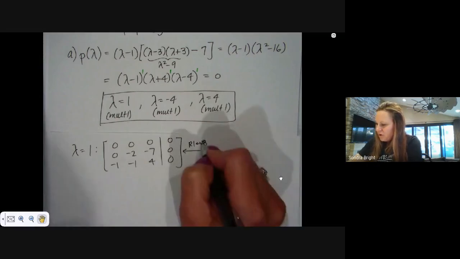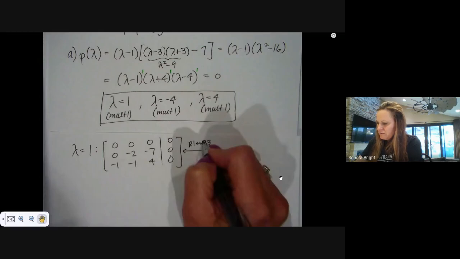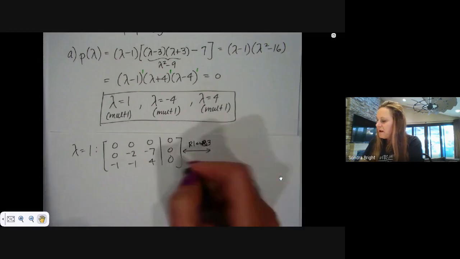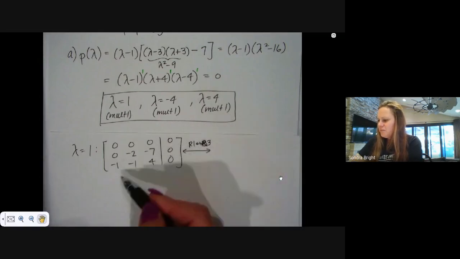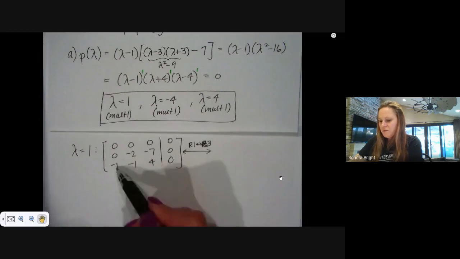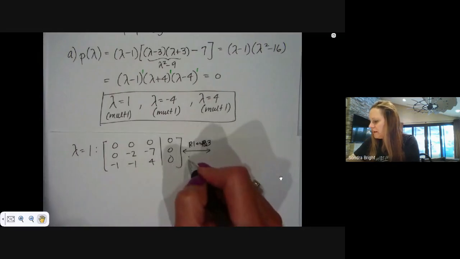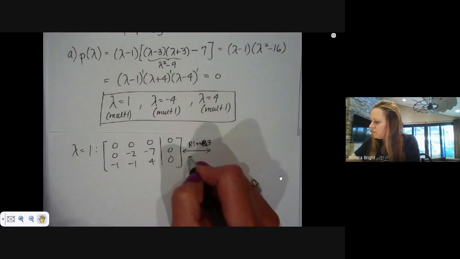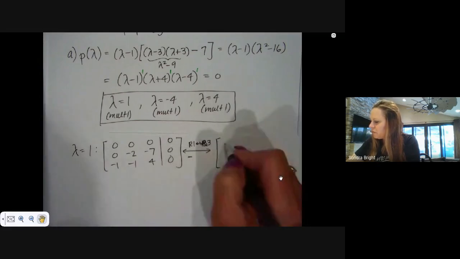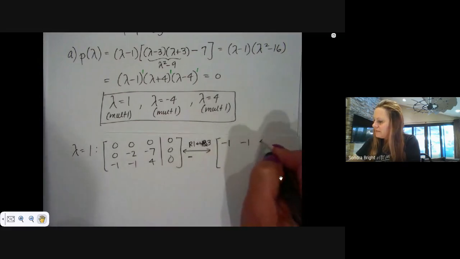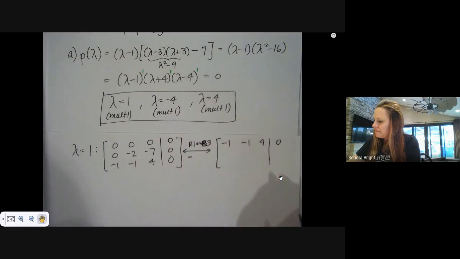And hopefully it's okay with you that I do this at the same time, I'm also going to make this guy a positive one. So we're going to swap them: -1, +4, 0. And then row 3 will be the 0 row.